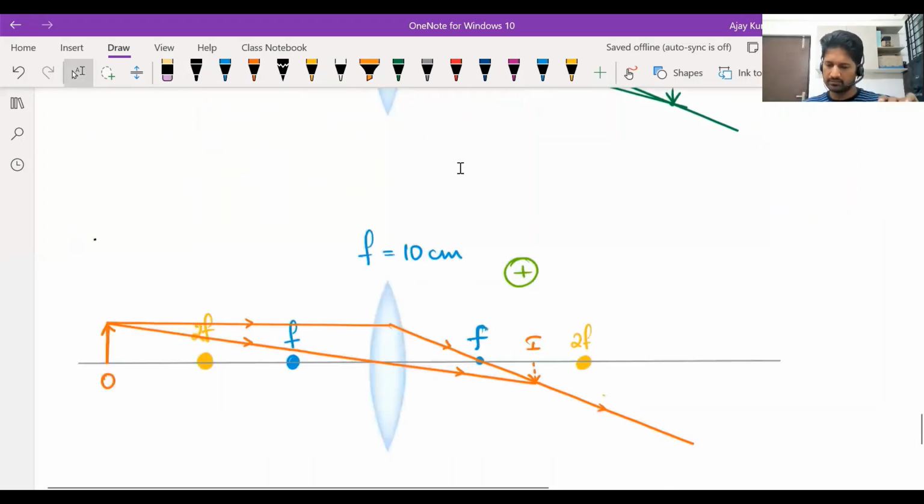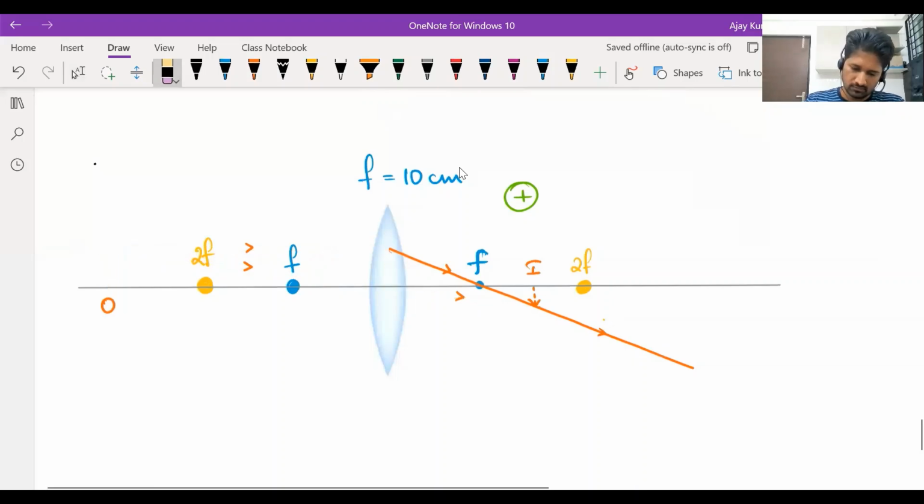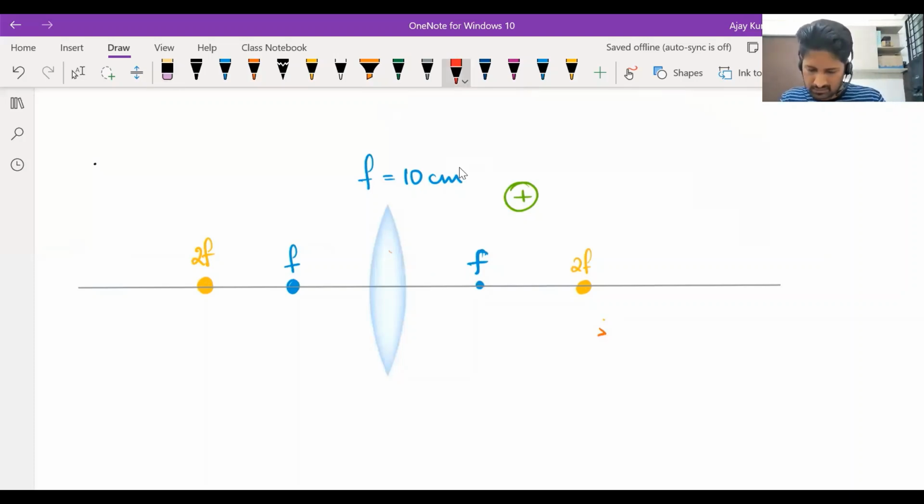Next case. If the object is within the focal length, say somewhat like this. Again, basic ray tracing: one ray parallel to the principal axis passes through the focus.